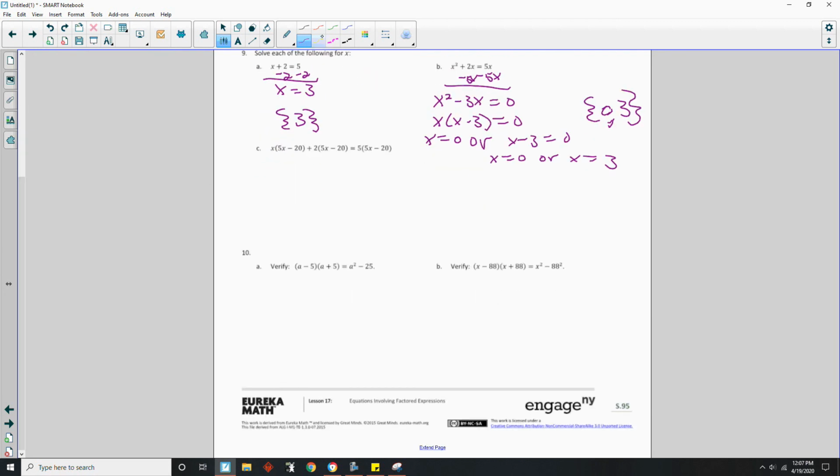Number 9C, part C. All right, first thing I want to do is, this is FOILed. So this side over here would be x plus 2 times 5x minus 20 equals 5 times 5x minus 20.